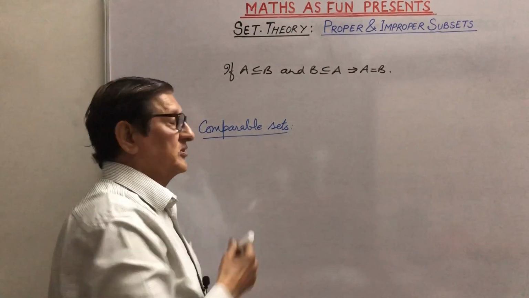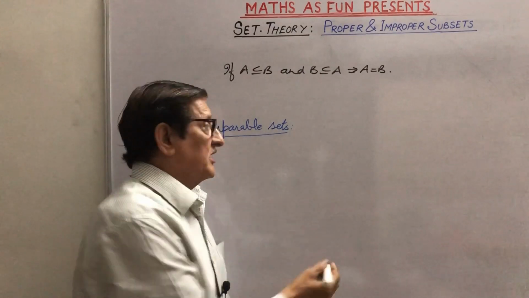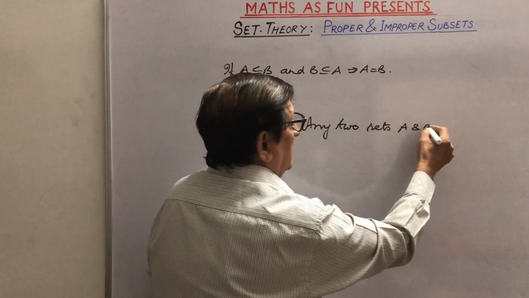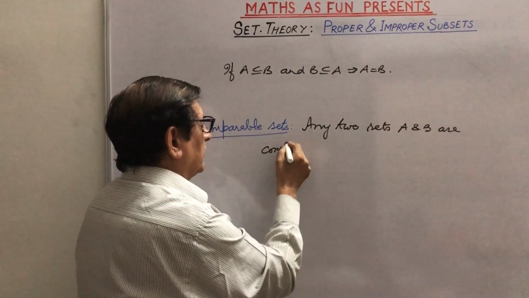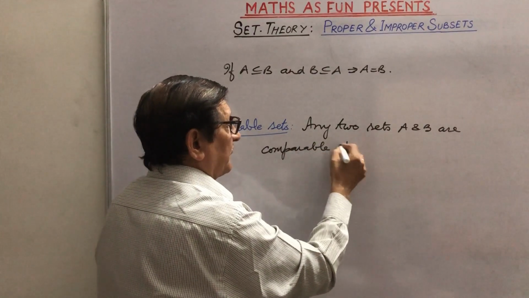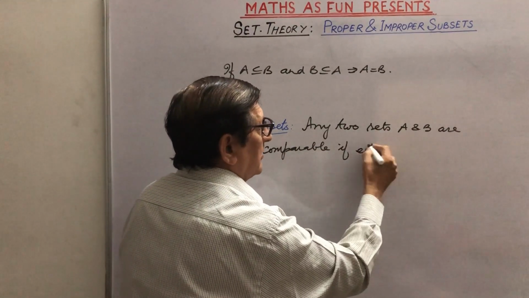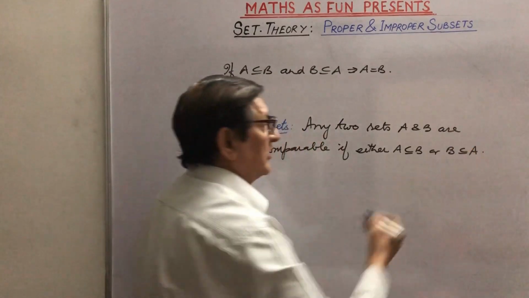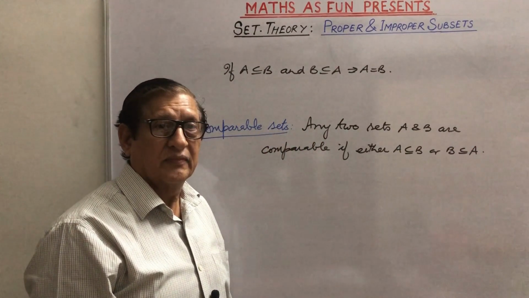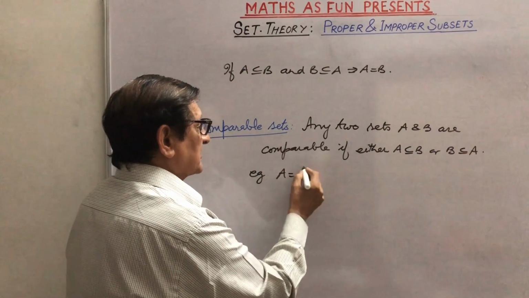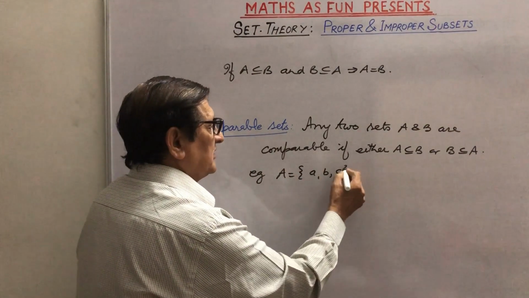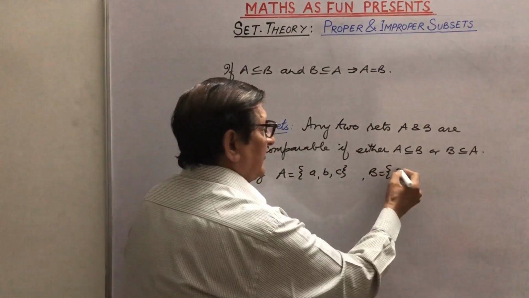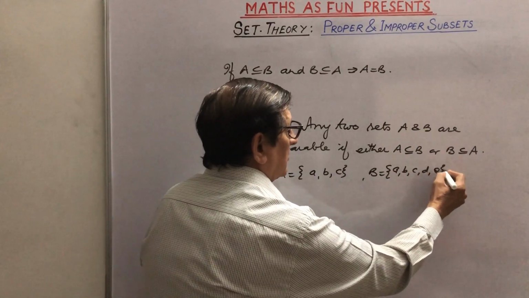Now, what are comparable sets? We say any two sets A and B are comparable if either A is a subset of B or B is a subset of A. For example, suppose we have a set A having the elements a, b, c, and B is another set having the elements a, b, c, d, e.